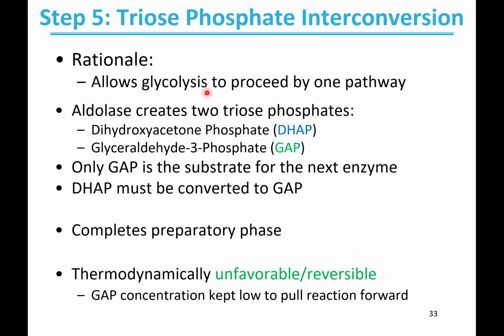But now you convert it into 2 molecules of GAP, and you can send them both down the same pathway. So in a sense, it simplifies things. Aldolase creates a DHAP and a GAP in step 4, and only GAP is the substrate for the next enzyme, so you need to convert your DHAP into GAP.